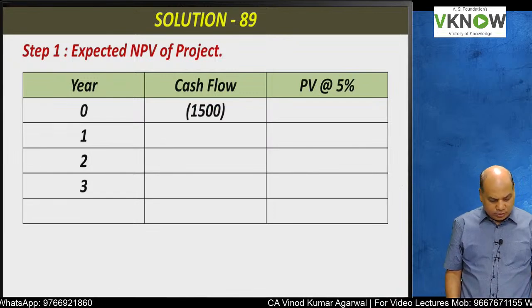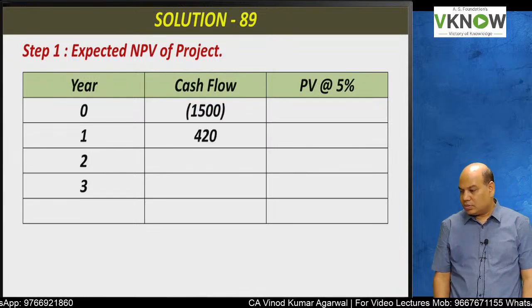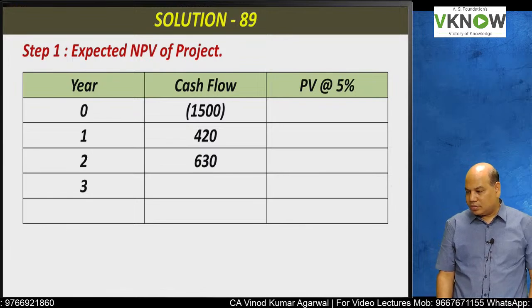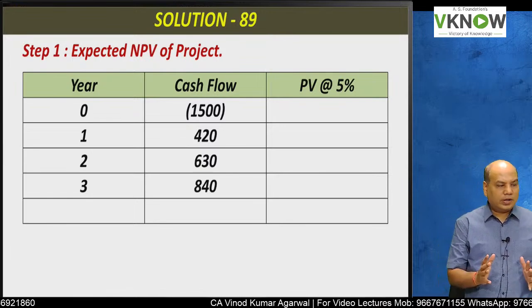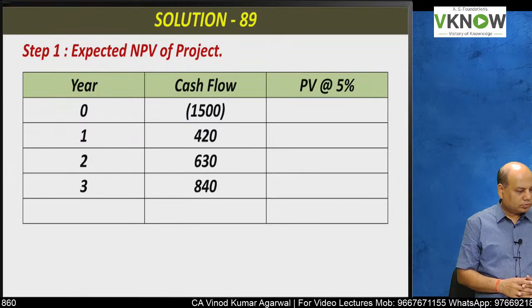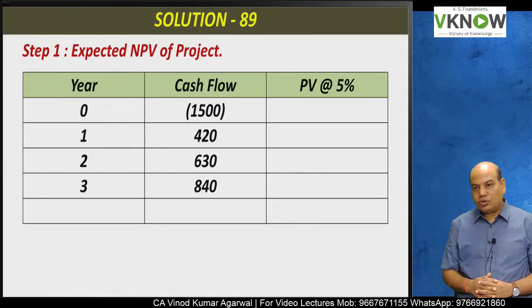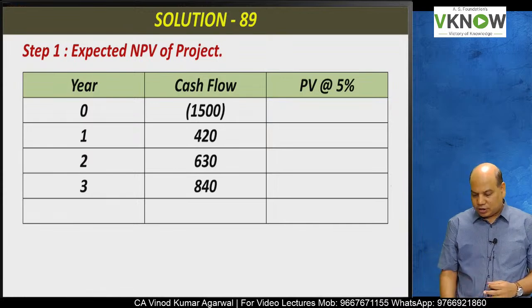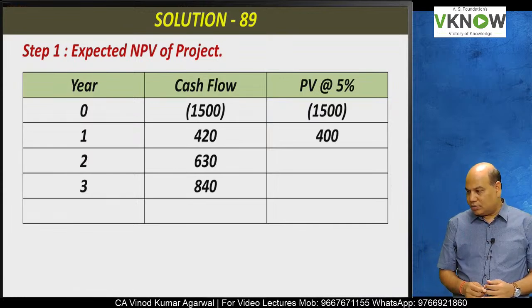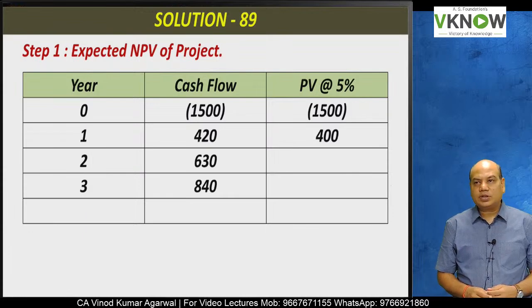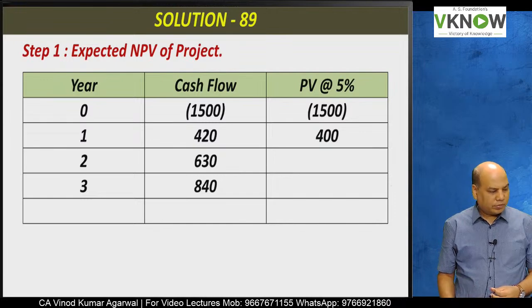Cash flow is given, 1500. Expected cash flow is already given in the question, 420, 630, 840. And then compute the present value at 5%. First year 0, 1500.